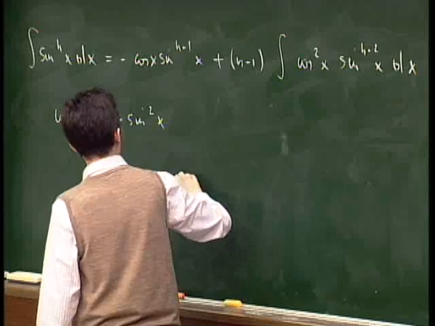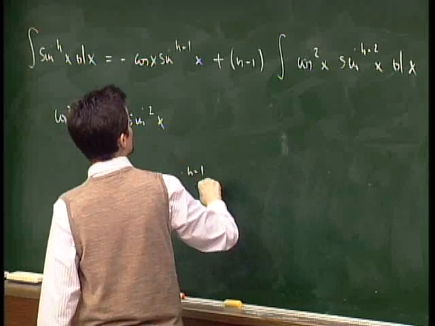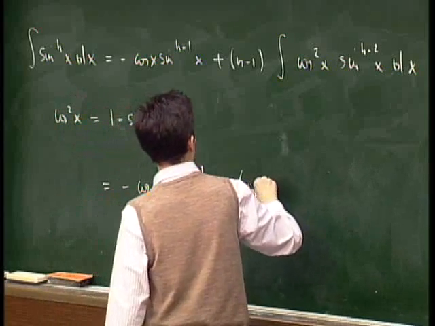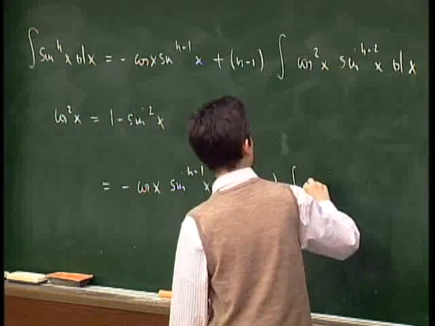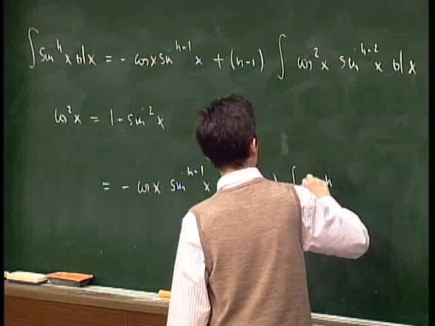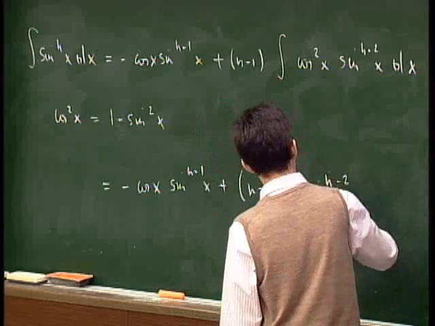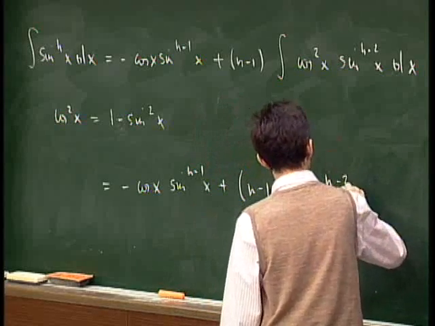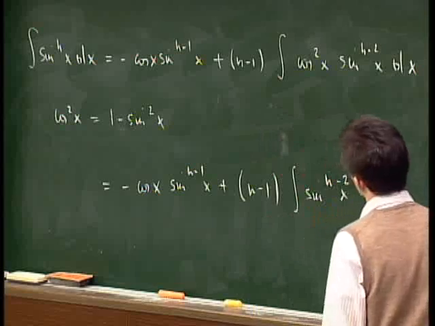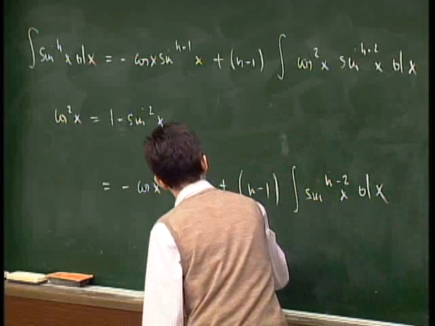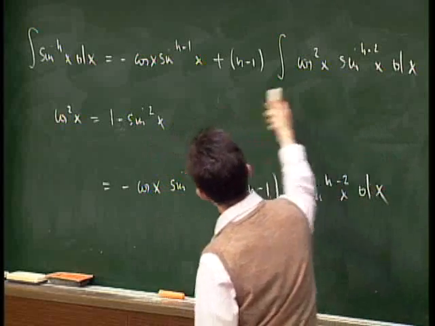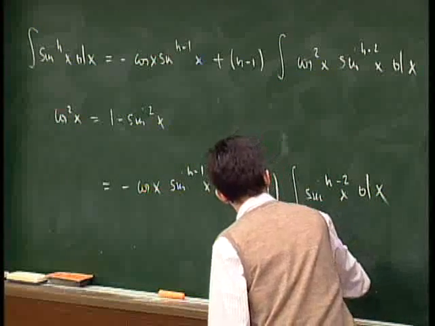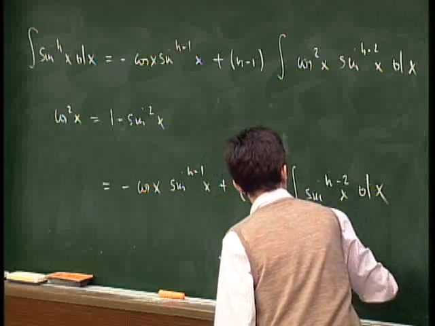Cosine of x times sine to the n minus 1 of x, plus n minus 1 times the integral of sine of x to the n minus 2 dx. And you have a minus n minus 1 times the integral, and if you plug this in, what you get is sine to the n of x dx.